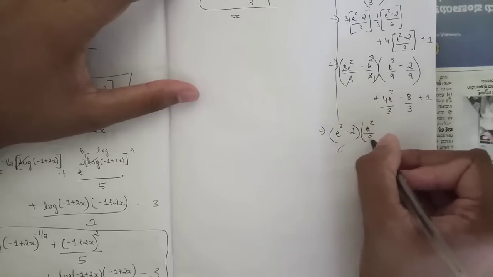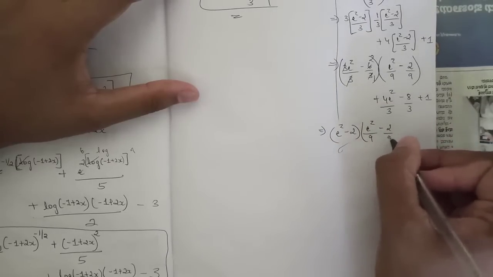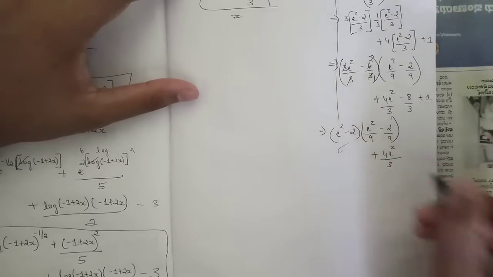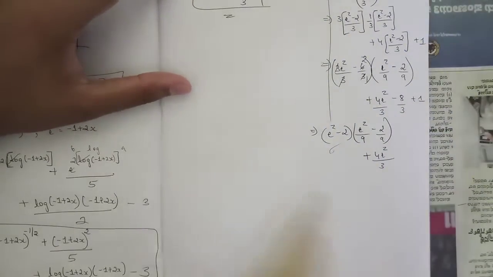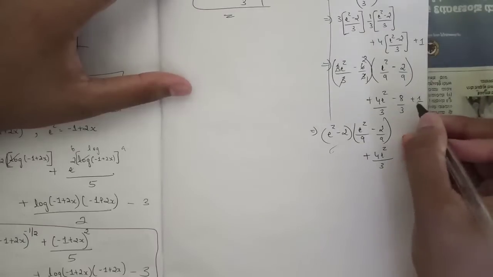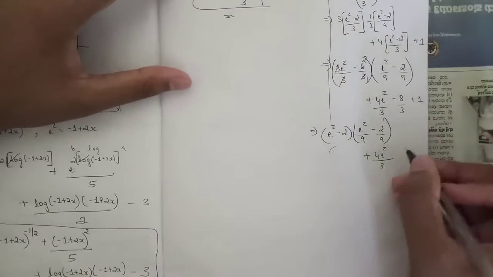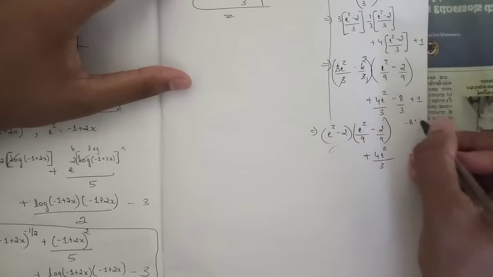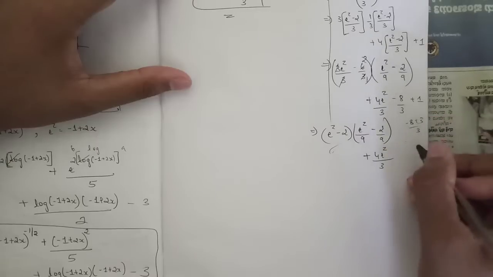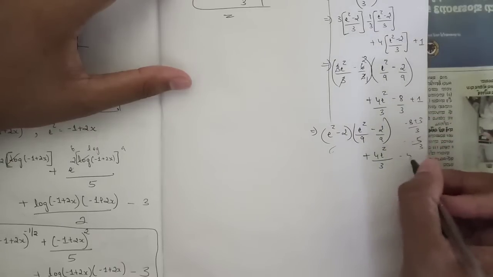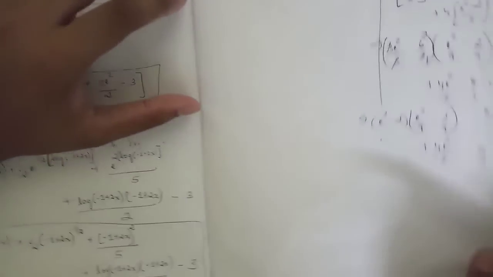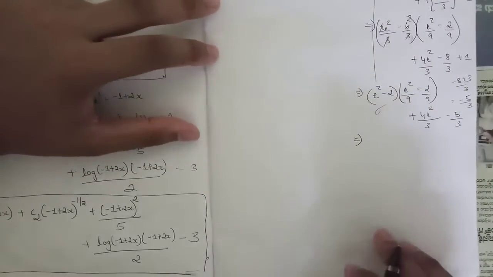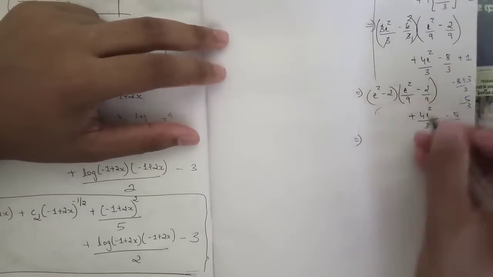e power z by 9 minus 2 by 9 plus 4 e power z by 3, and solve this by taking the LCM. So we have 1 minus 8 by 3, so we can write it as minus 8 plus 3 by 3, minus 8 plus 3 is minus 5, so we get minus 5 by 3. So now let's multiply these two terms.